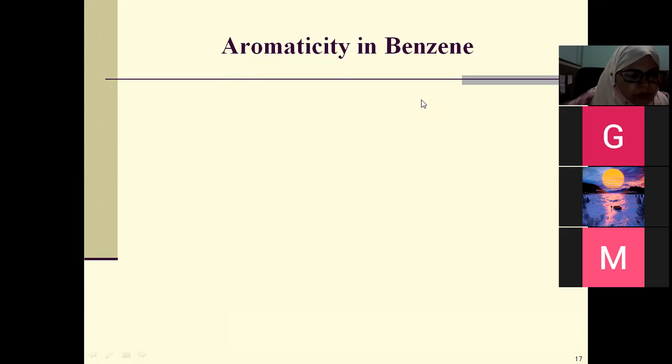It should have 4n plus 2 pi electrons. Yes, it should have 4n plus 2 pi electrons. तो बेंजीन में कितने pi electrons हैं? 6. 6. Very good.